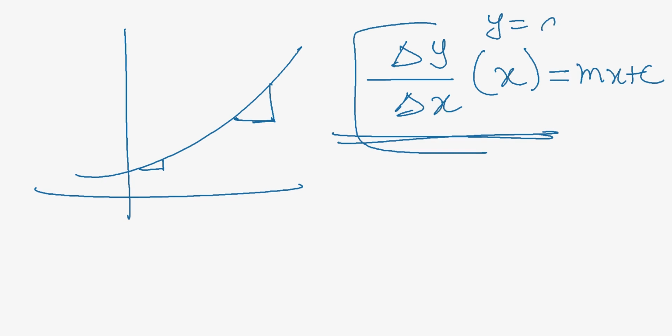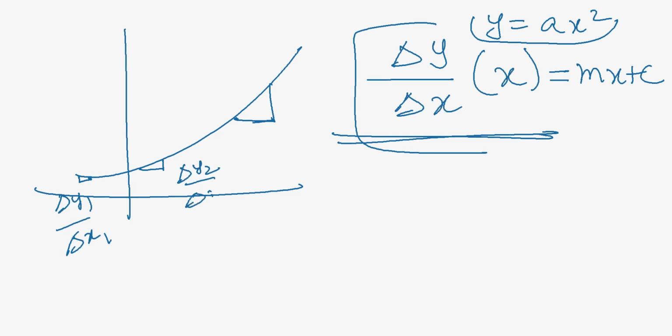So if you take a parabola like y equal to ax squared, and you start finding the variation at different points, there will be a delta y1 by delta x1, a delta y2 by delta x2, a delta y3 by delta x3. You can take as many points as you like.